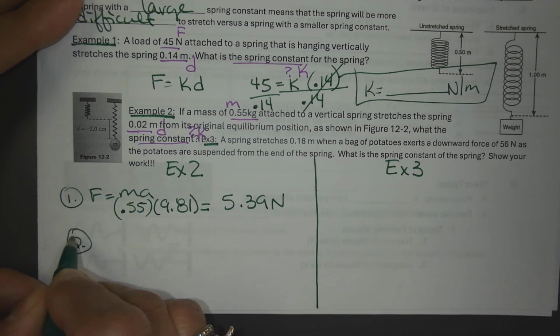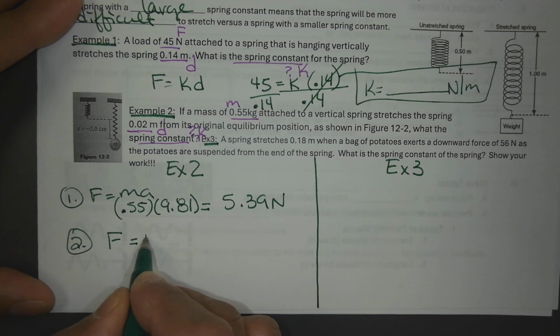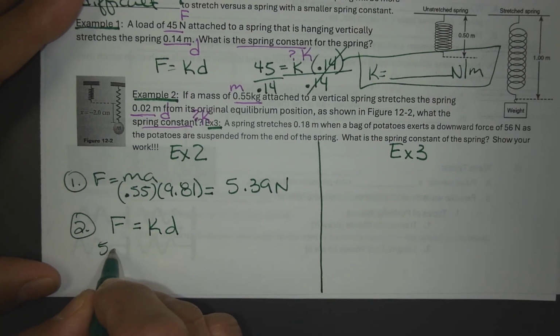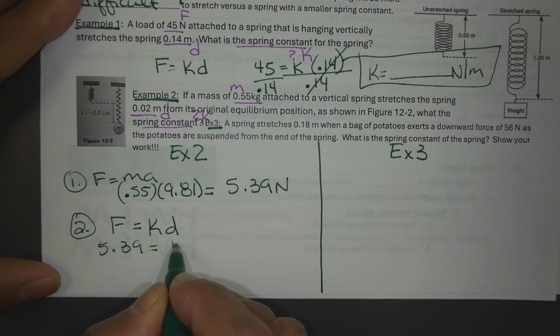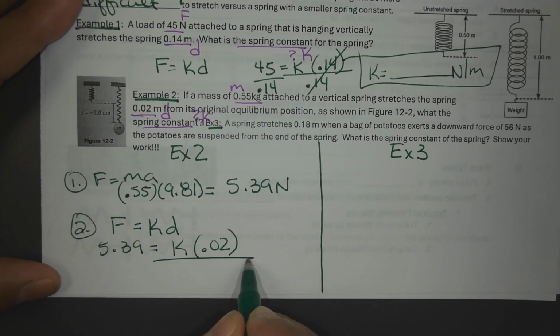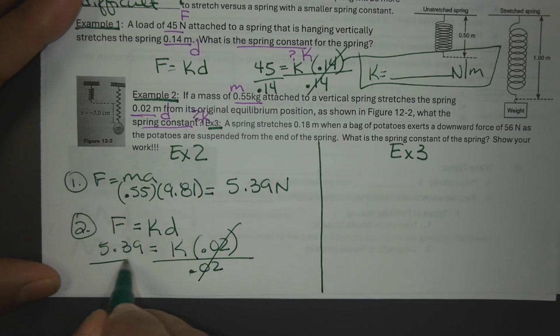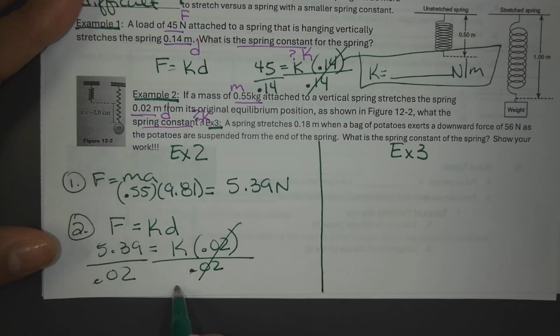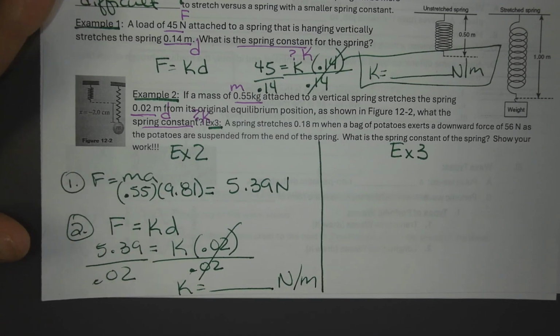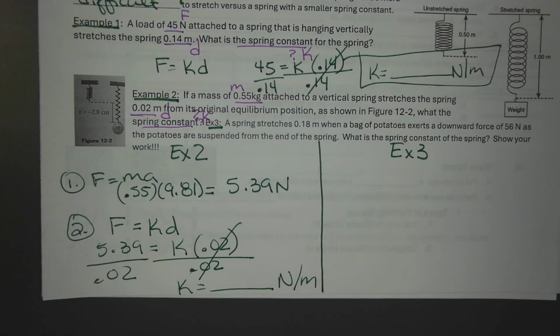Part 2 would be the F equals KD equation, or 5.39 equals K times 0.02. Divide by 0.02, my K value in newtons per meter. So not too bad. I think we can do this on our own.